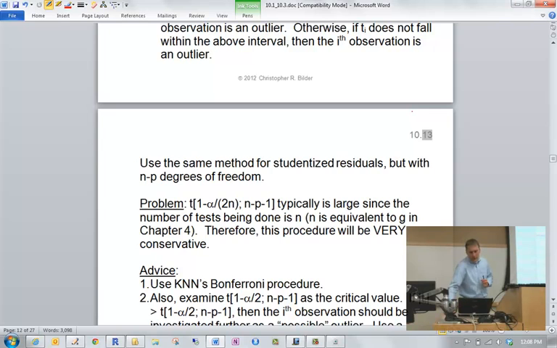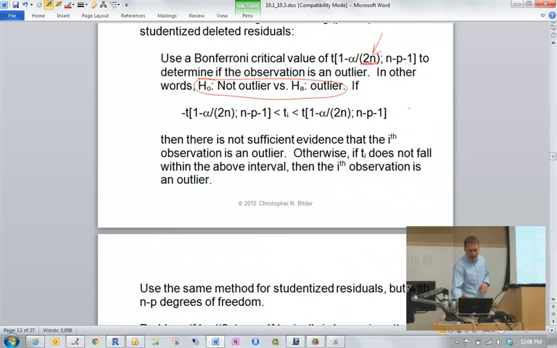Now, there's a problem here, though, and that is, suppose you have a large sample size. What's going to happen to these critical values? They're going to increase in absolute value. So the window, if you want to call it a window, since you're between two numbers, is going to get bigger and bigger the more observations you have, so you have less ability to detect outliers.